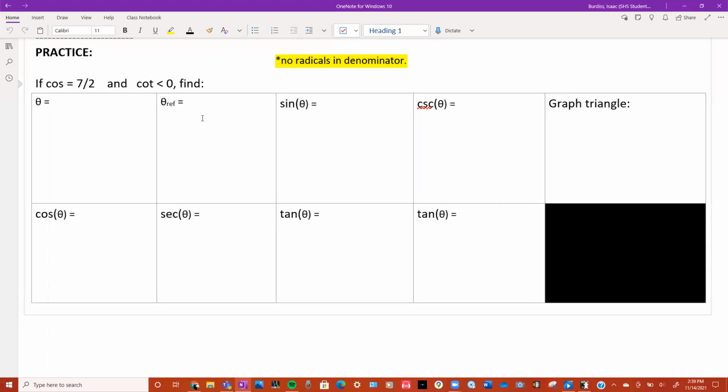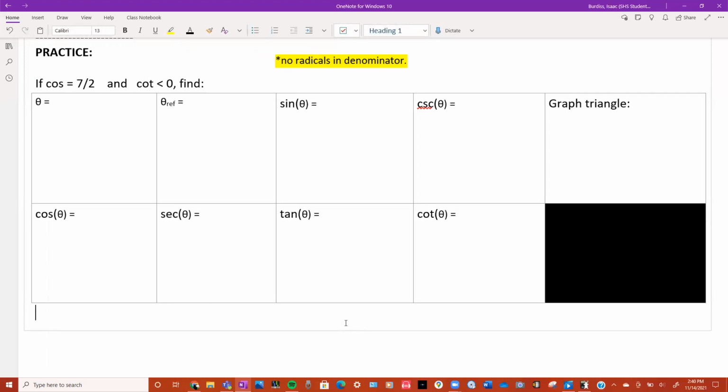If cosine is 7/2 and cotangent is less than 0, find all these things. We will have to find cotangent, but that's not the only thing. Oh, and I see we have tangent 2 times here. That was a mistype. Sometimes I get carried away with copy and paste.